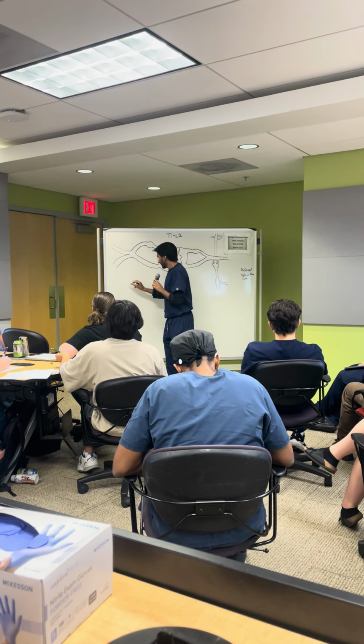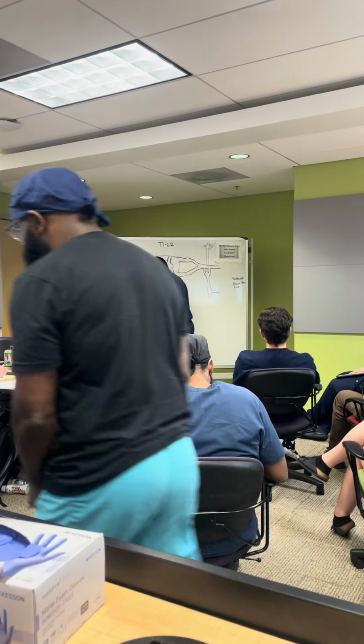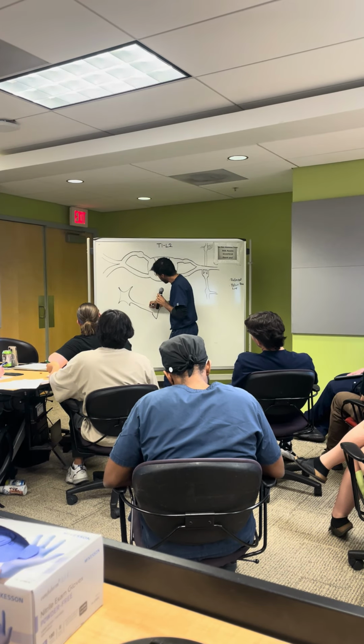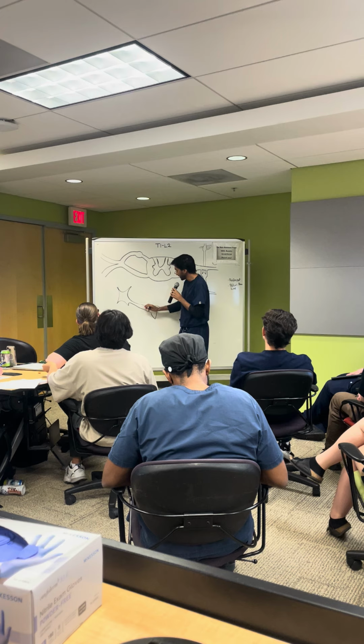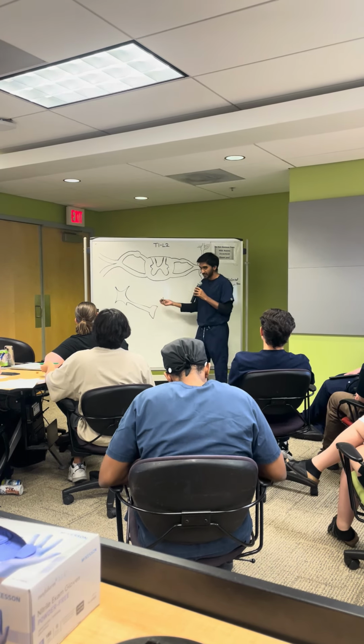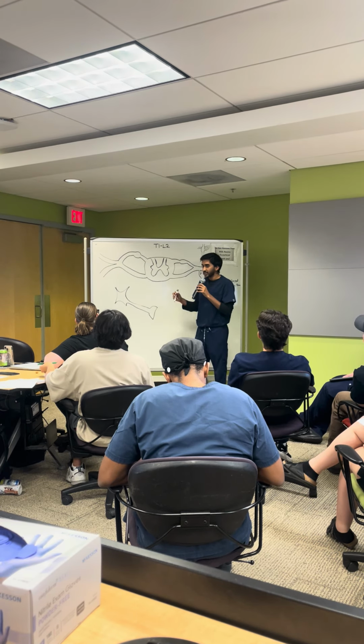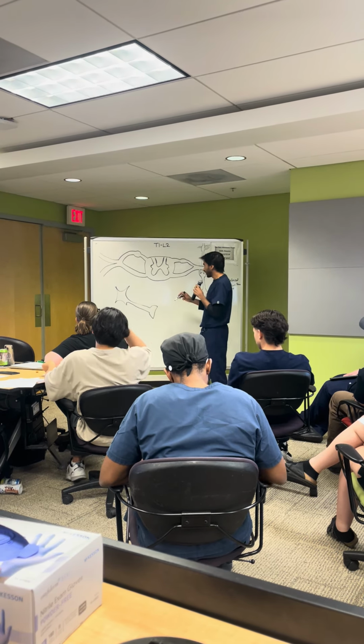Everyone kind of has in their head this idea of a neuron, which is completely accurate. This is the cell body, this is the axon, and this is the synaptic bulb. So when we're talking about our sensory neurons, they have a different configuration.